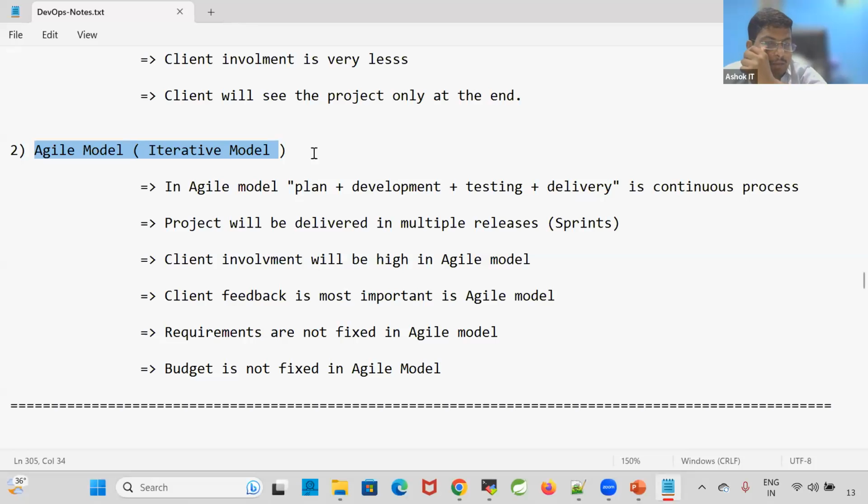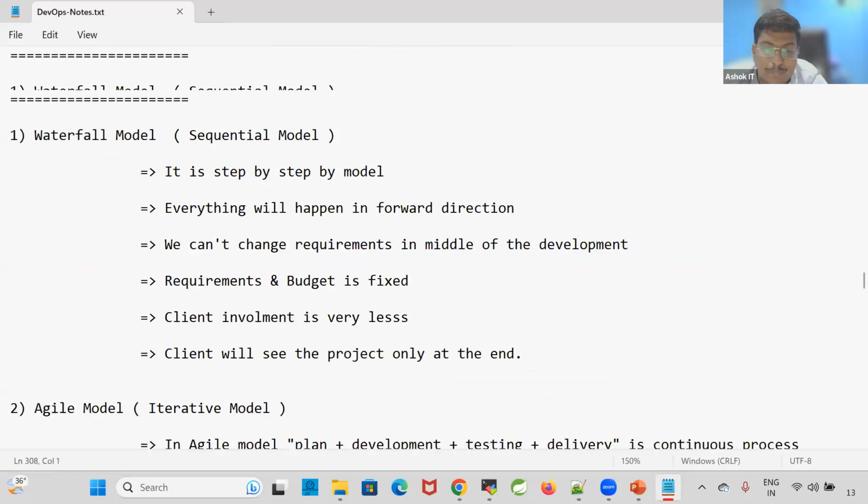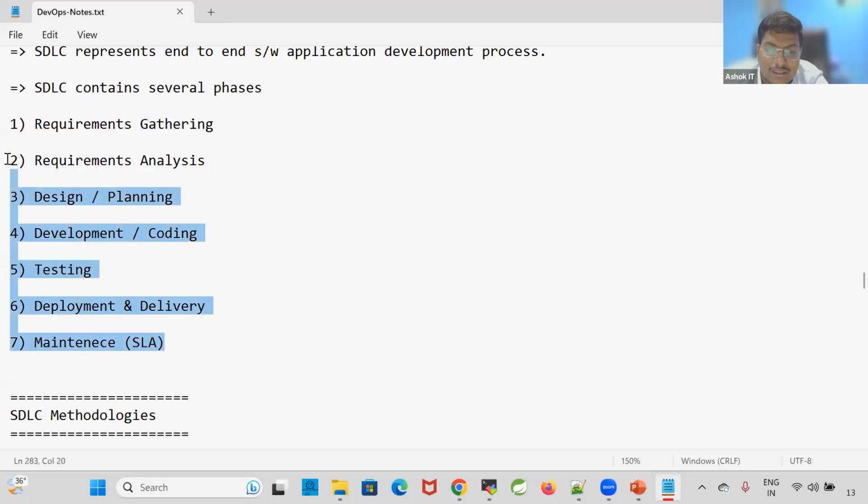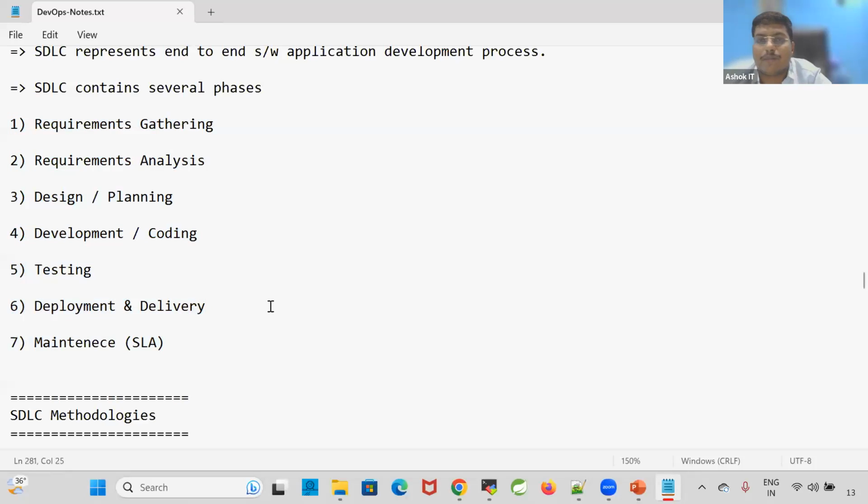So we understood the software development lifecycle process. In this process, where will our DevOps engineers be involved? What is the role of the DevOps engineer in this SDLC methodology? DevOps engineers will be involved in all the phases of the SDLC, from the starting to the ending point.